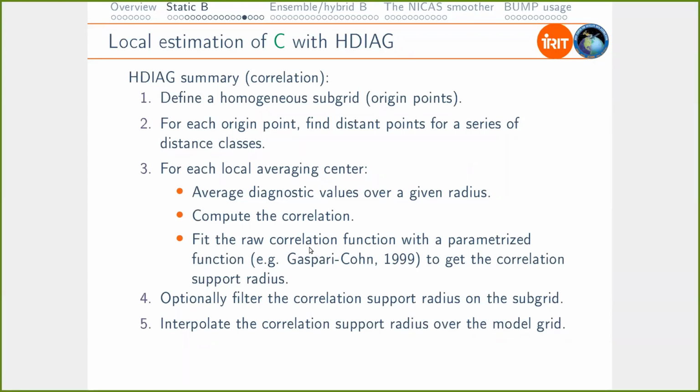We fit this raw correlation function with a parameterized one, here the Gaspari-Cohn, but it could be other functions, to get the support radius. And finally, we can filter the correlation support radius on the subgrid because it's easier to filter spatially on the subgrid. And finally, we interpolate on the model grid to get a full field of correlation length scale.